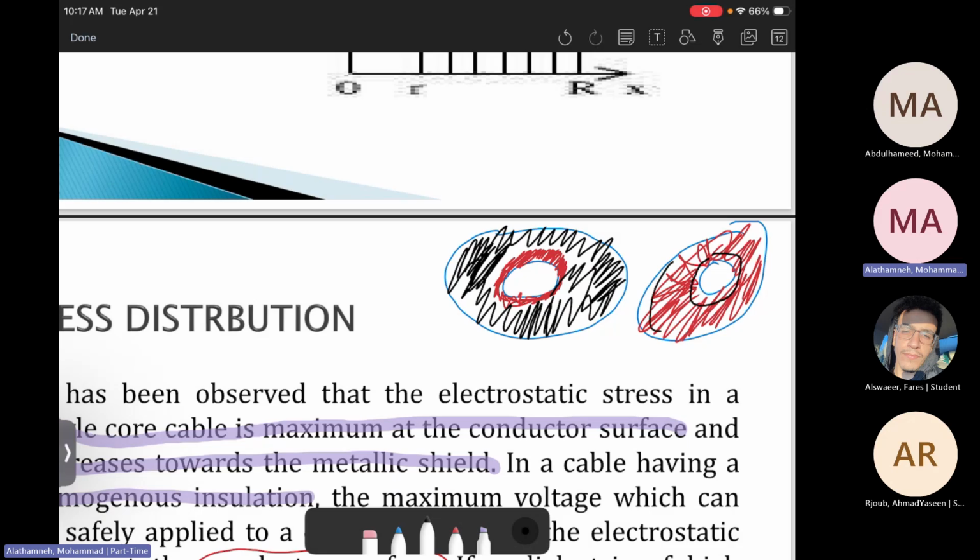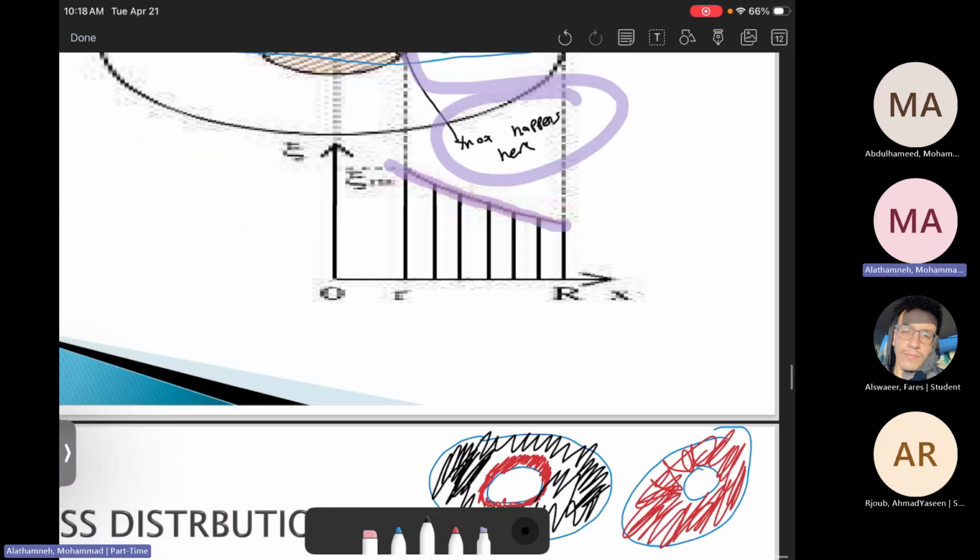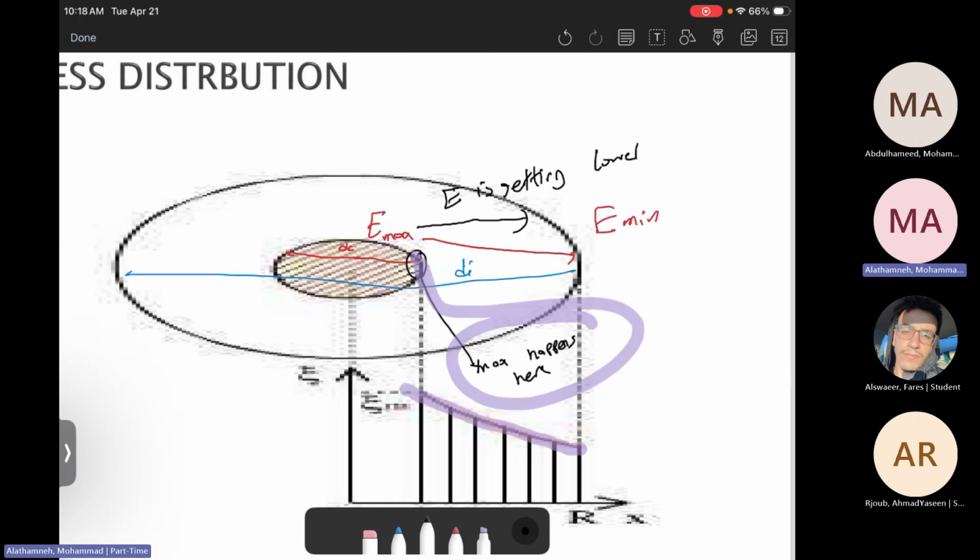But the electric field here is low, then there is no need to use expensive material. So if we keep it like this, then we must use expensive material around the conductor. But as we move away from the conductor, there is no need.